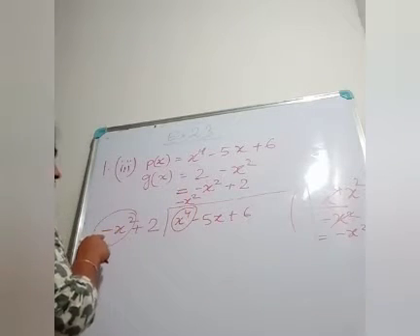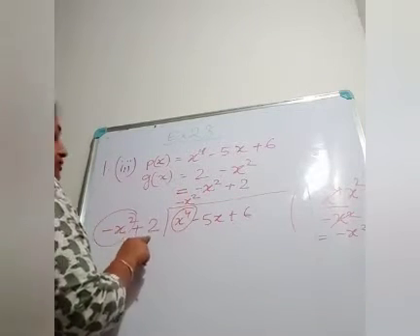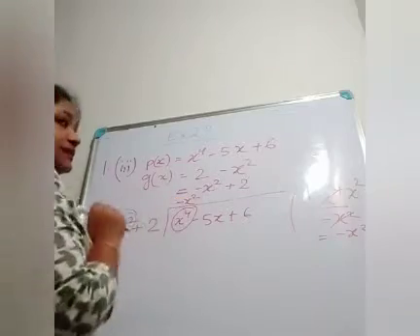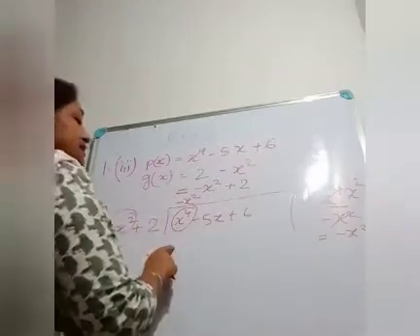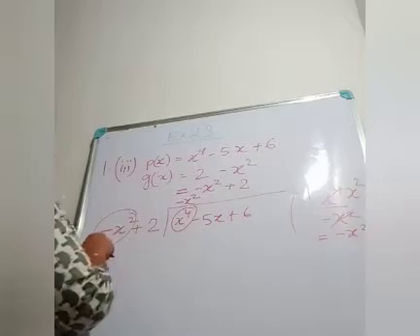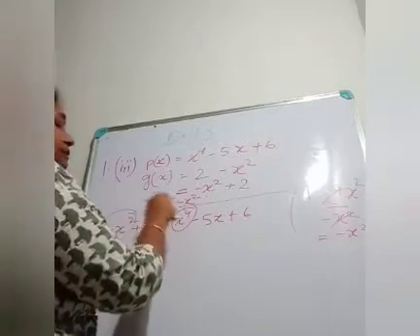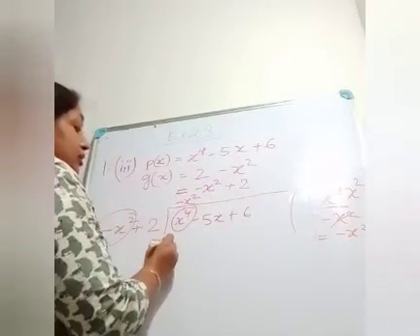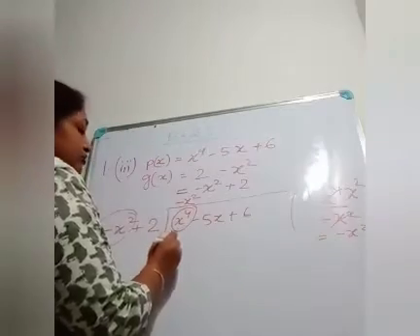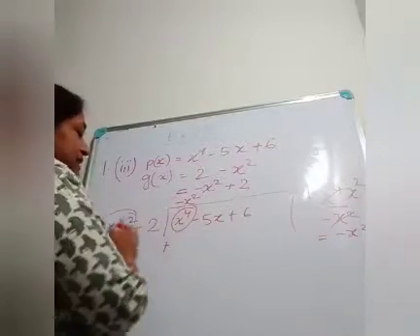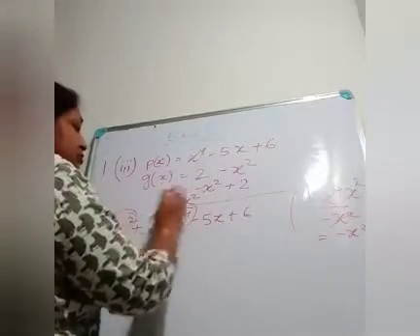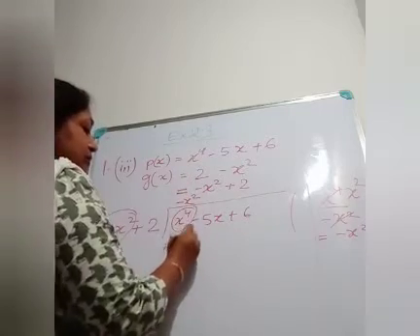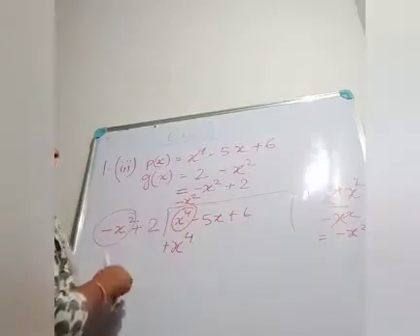Now multiply minus x square plus 2 one by one with the minus x square and write the answer below this. If I multiply minus x square with minus x square, the product will be minus minus, it will become plus, and x square into x square, exponents will be added, so the product will be x^4.